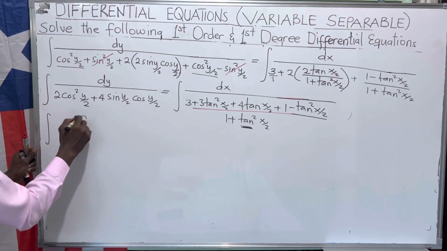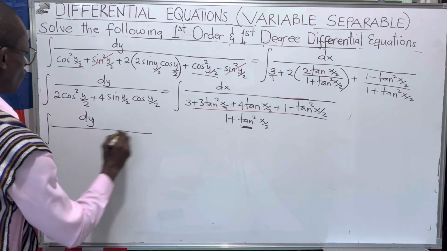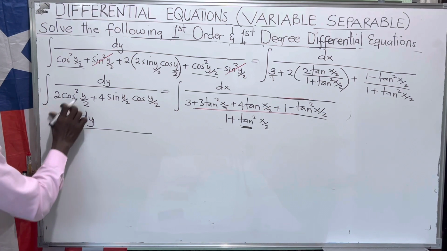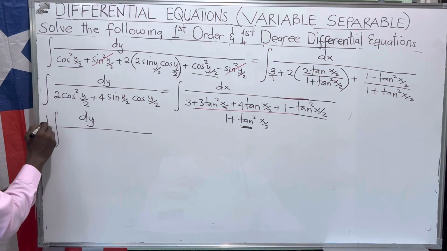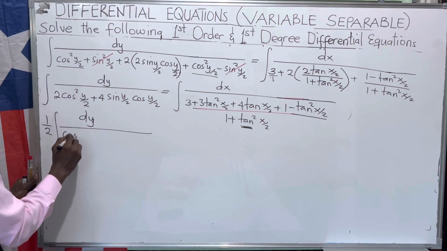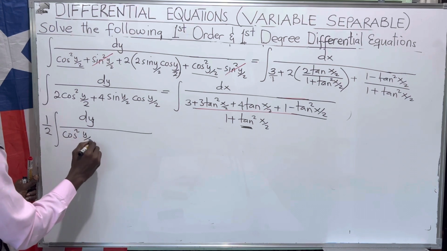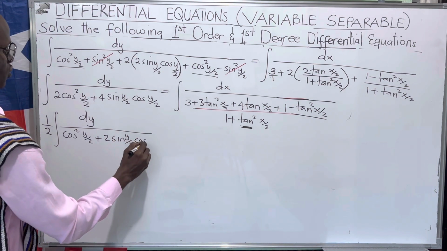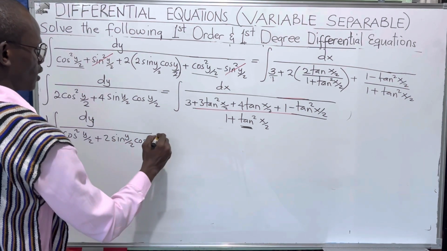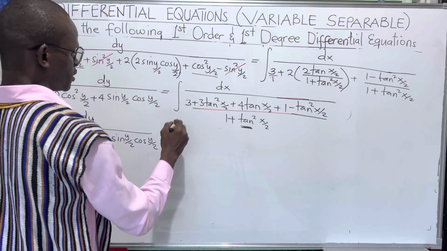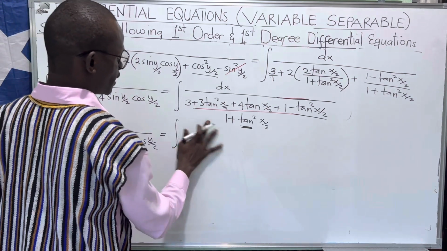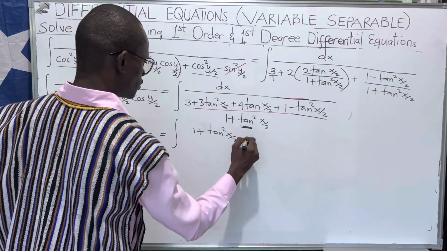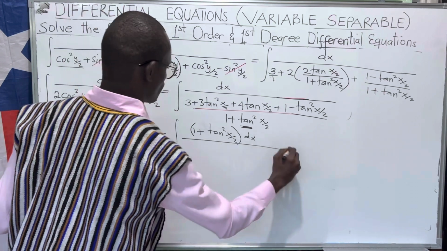So we have the integral of dy all over. Now 4 and 2 and 4 we can factor out. So if we factor out, we will have 1 over 2. So we just have cos square y over 2 plus 2 sine y over 2 cos y over 2 equals the integral of, so we bring this one up, 1 plus tangent square x over 2 dx all over.